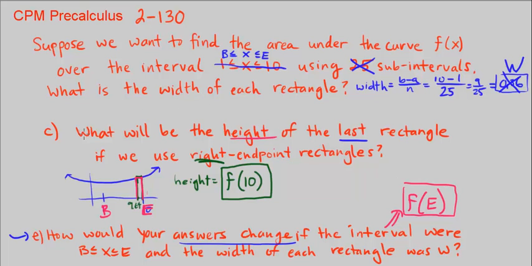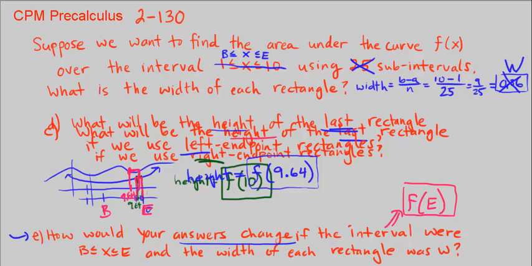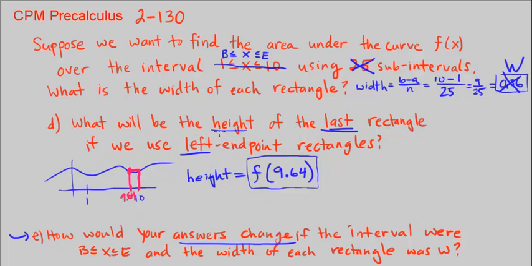And let's go on to part D. Part D asks, what will be the height of the last rectangle again, but now if we use left endpoint rectangles? So remember, instead of going from 1 to 10, we're going from B to E, and the width is now W. So if we're looking at the left endpoint, this height here is given by this point, and instead of 9.64, it's going to be E minus that width.